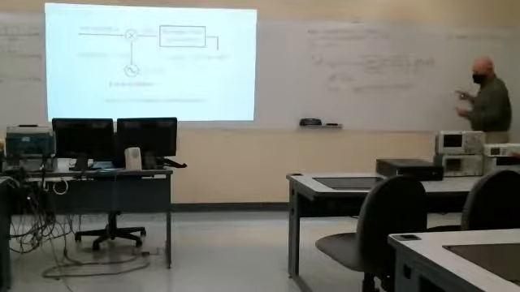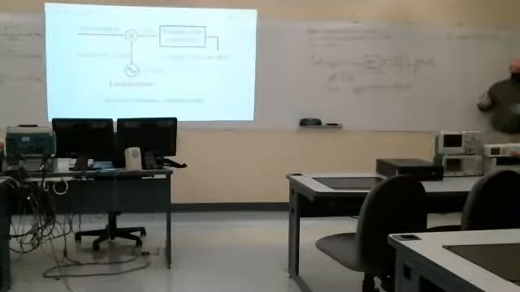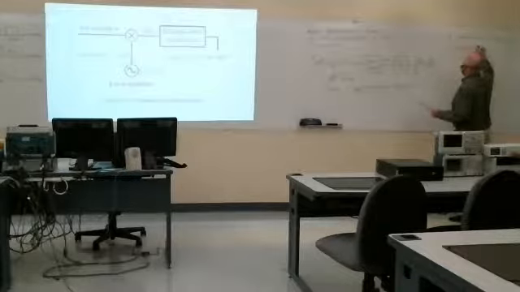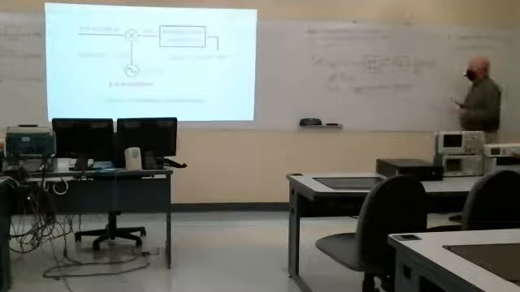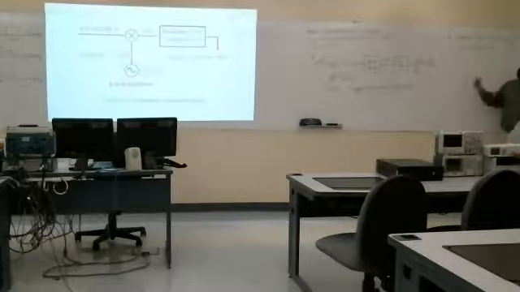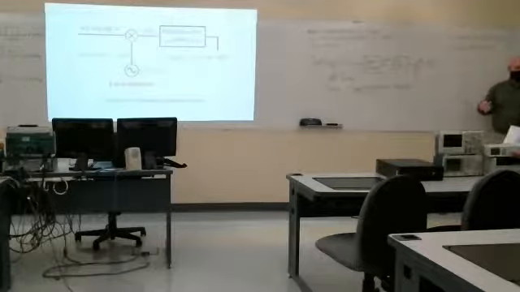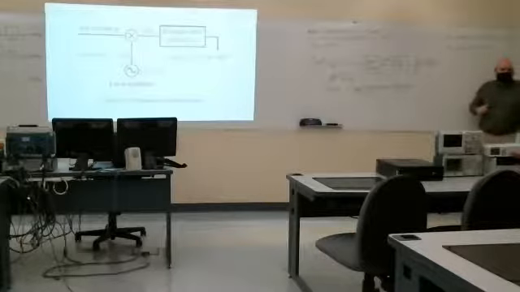A standard intermediate frequency of 455 kilohertz is used in AM radio. Just meaning that you can go and buy off the shelf a bandpass filter that's designed to operate at this 455 kilohertz.